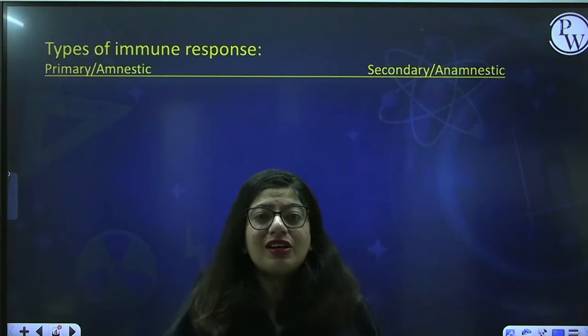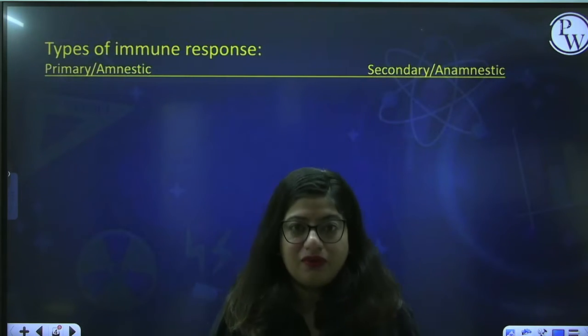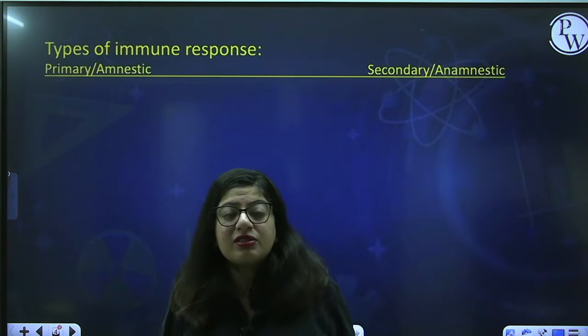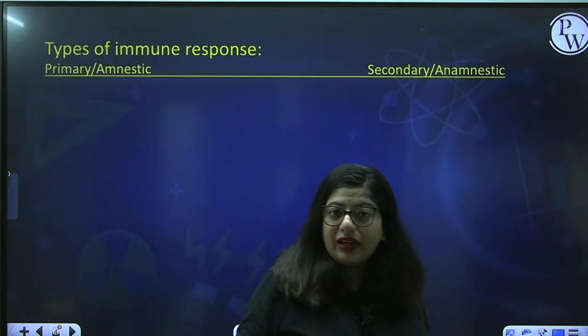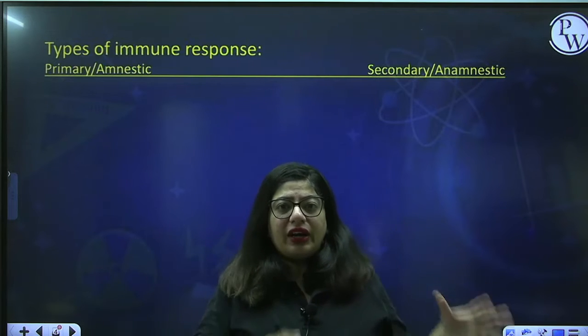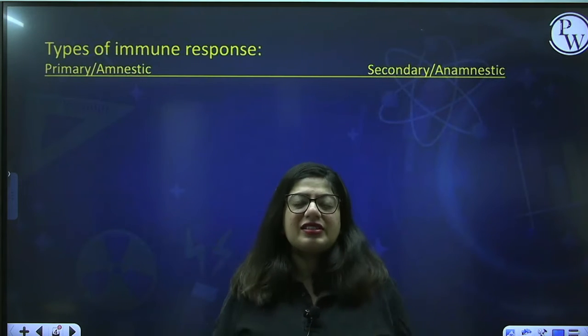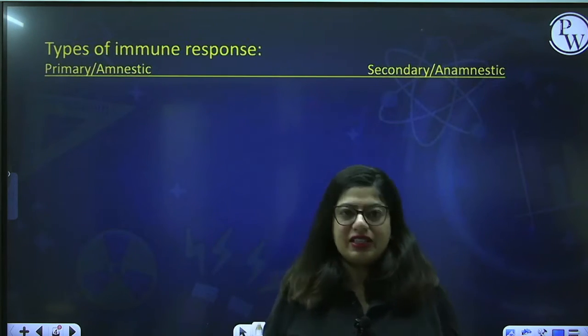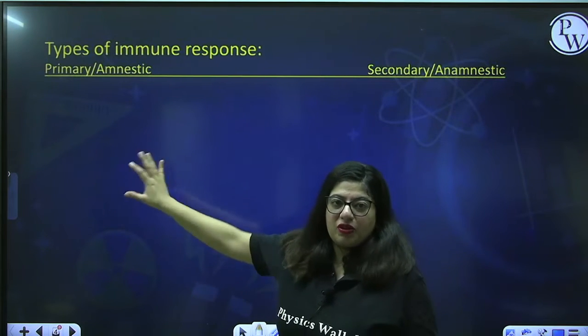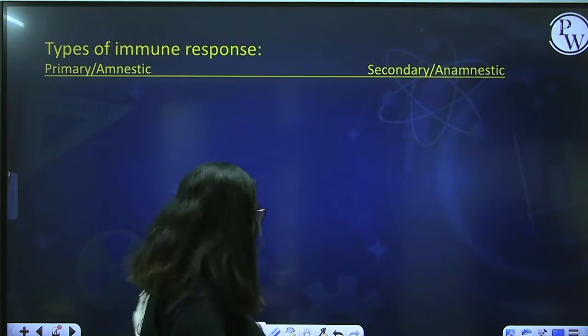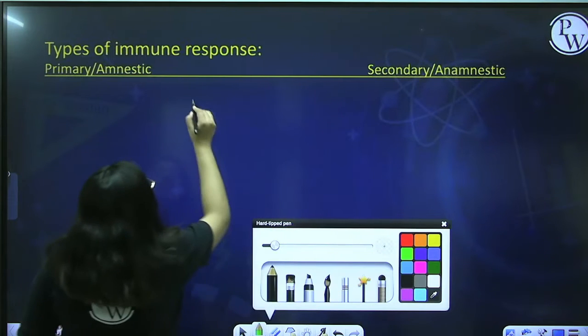It was the first time for the B cells or immune system to see how the pathogen looks. So the immune system is not ready, the immune response is less intense and a person usually gets the disease. That's a primary immune response. Okay, you don't understand? Let me explain. For example, this is you.